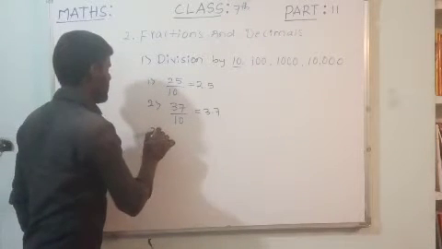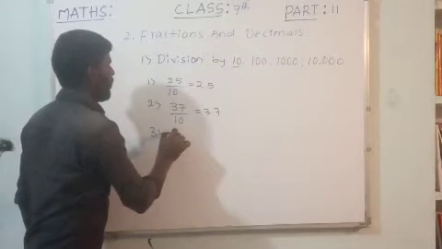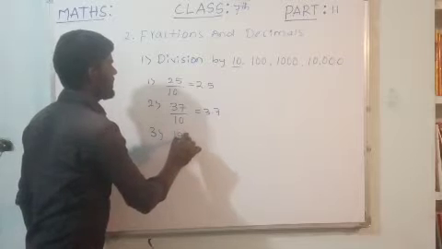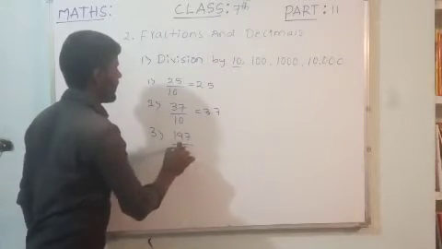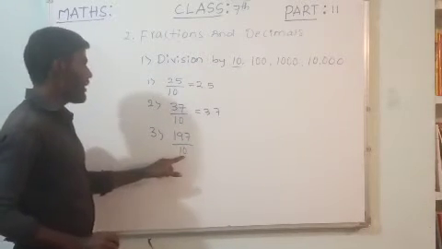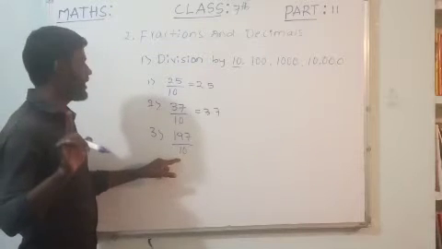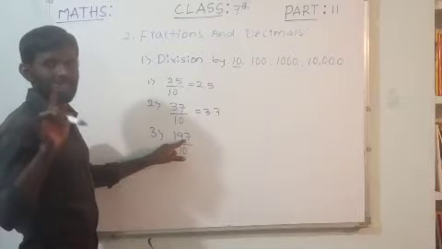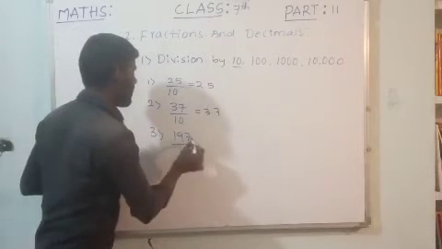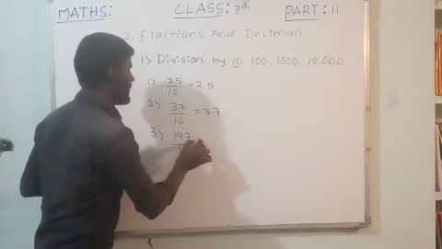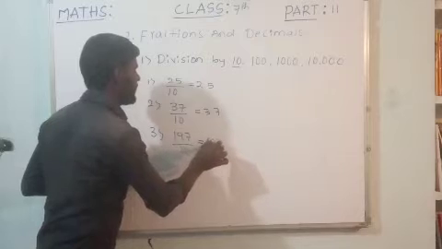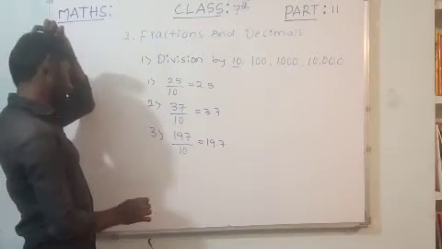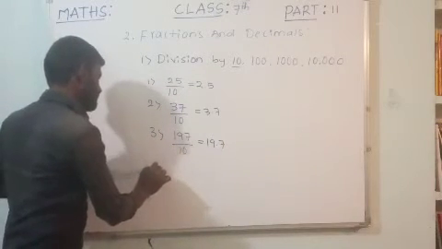Example 3, dear children, suppose 197 by 10. In the denominator only 10 is there. In the numerator from the left side after one decimal place, that is 19.7.